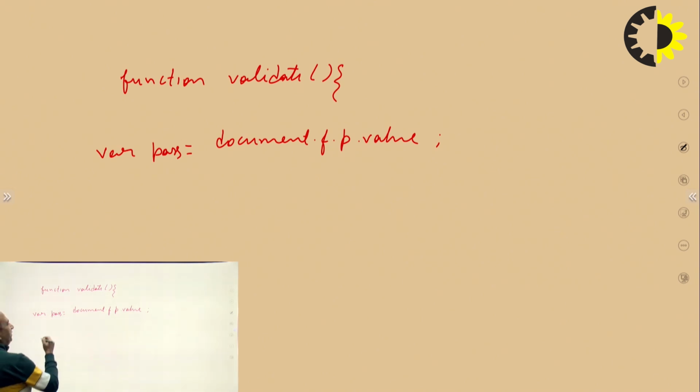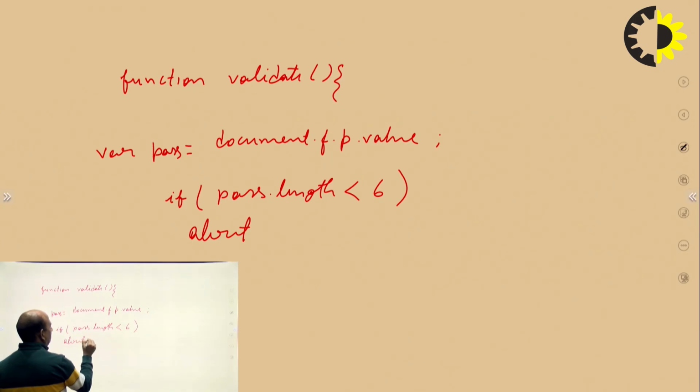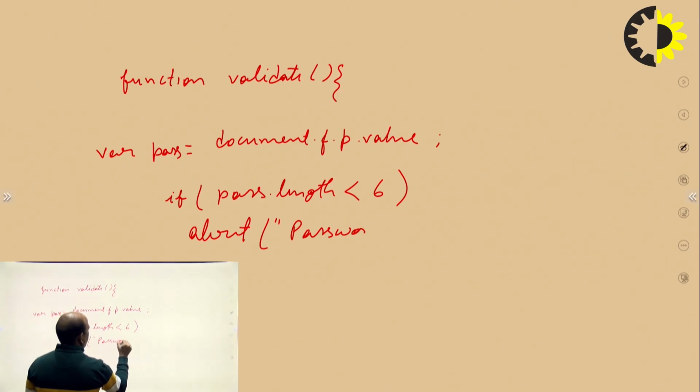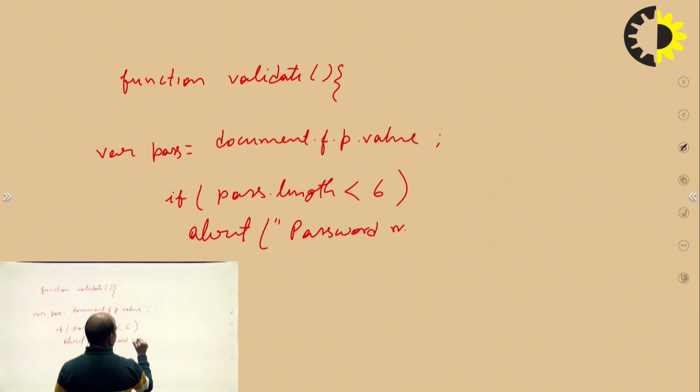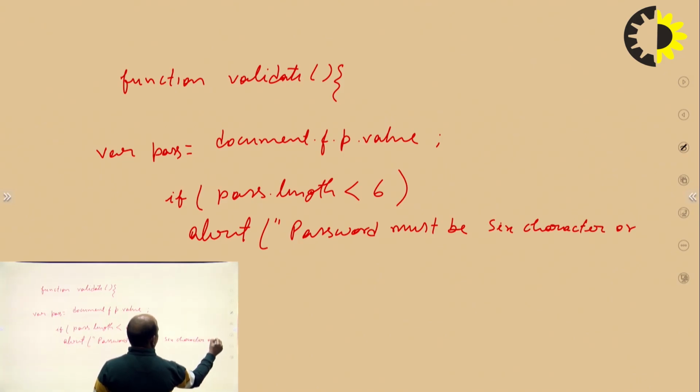Now apply the validation, check if pass.length is less than 6. If pass.length is less than 6, then alert "password must be 6 character or bigger".